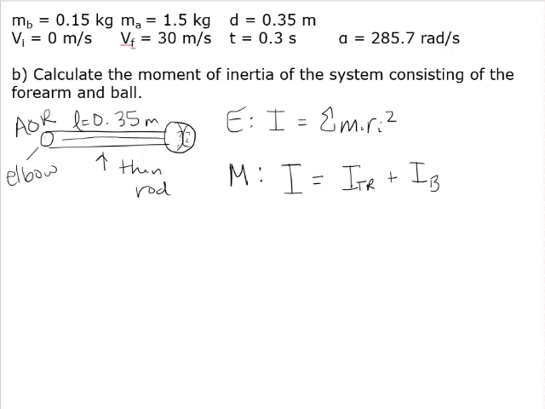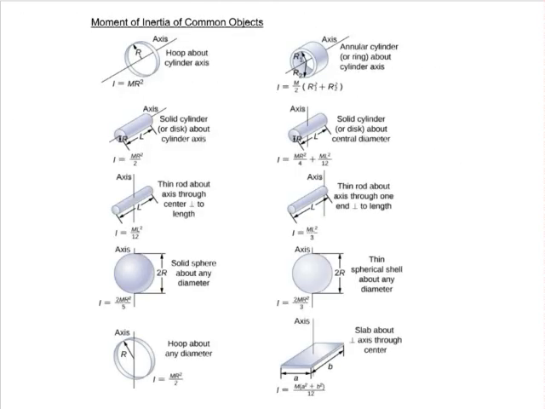Let's take a look at the moment of inertia equations for the different solid objects to decide which one we need to use for the thin rod. In this example, we have a thin rod, so that's either this one or this one, but we want it to be about the axis through the end perpendicular to the length, because this is where our elbow would be. So based on that, we need to be using the equation moment of inertia is equal to 1/3 mass times length squared.